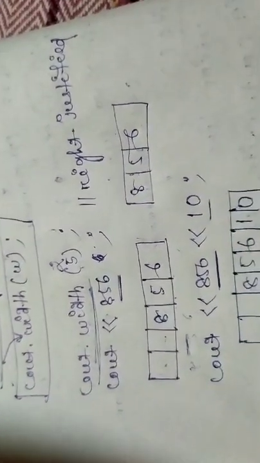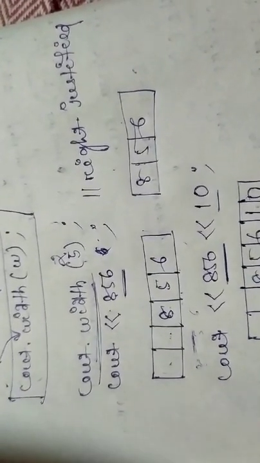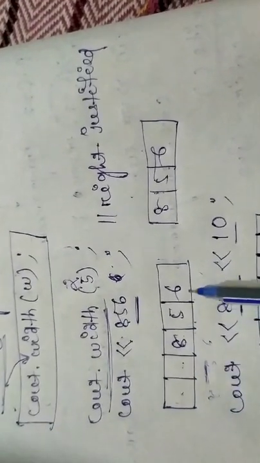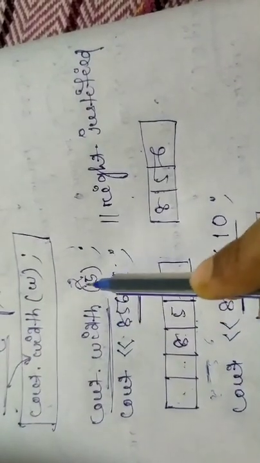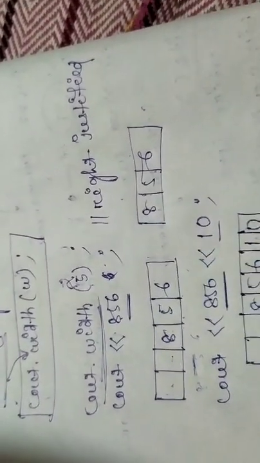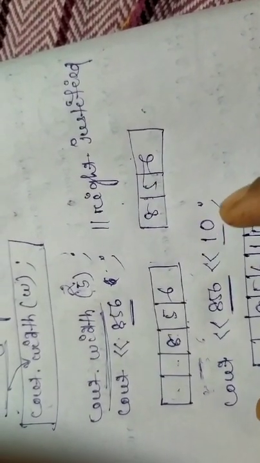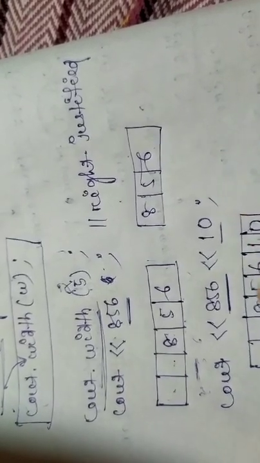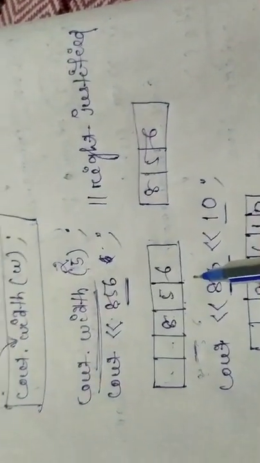Before, when we were displaying outputs, they were left justified, but here it is right justified. If you take a width of 15 and display this, then from the margin it will be shifted by some distance, and then it will display the number.